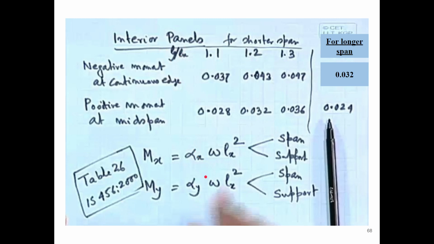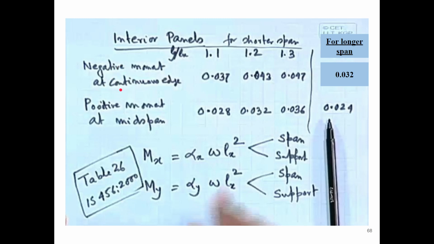The values are given for alpha x and alpha y, for negative moment at continuous edge and positive moment at mid span. So basically the moment coefficients are given.